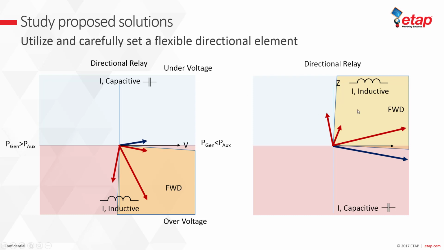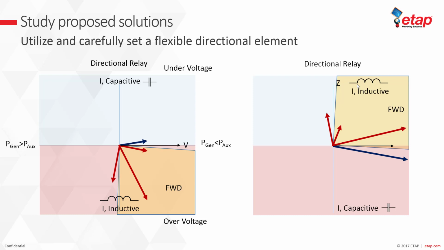But for now, the solution that's proposed is not gonna solve the issue of the cases where there is no wind generation, or wind generation is less than auxiliary, and we have very high over voltage on the system. Again, this is a very rare condition.